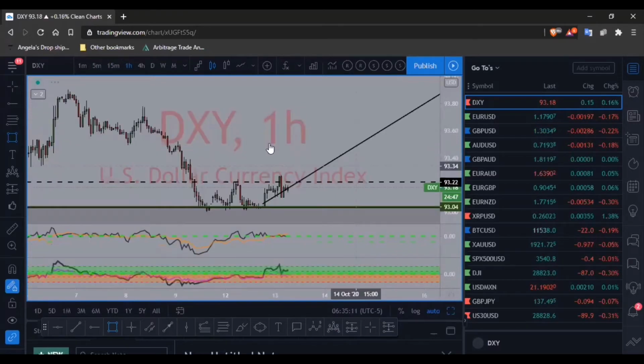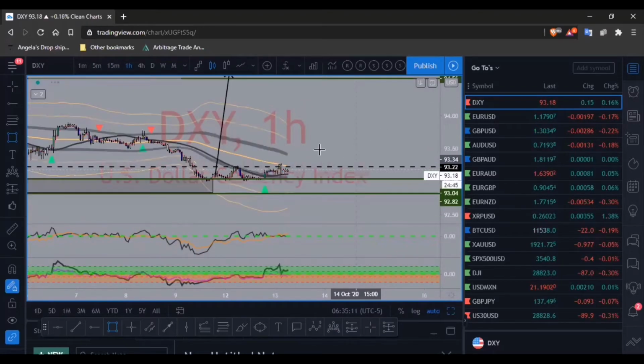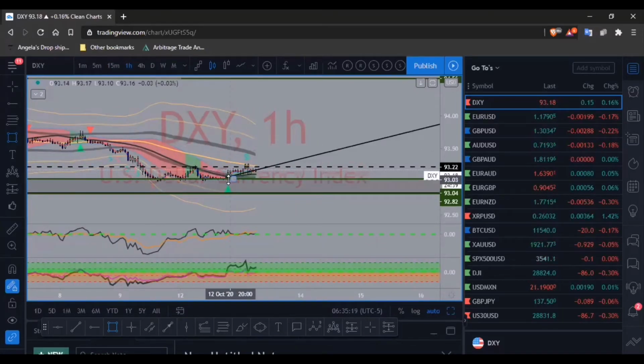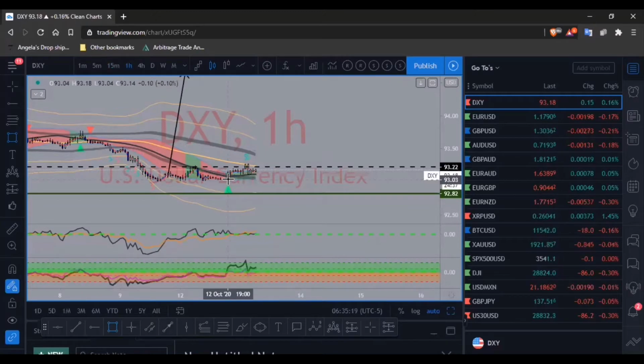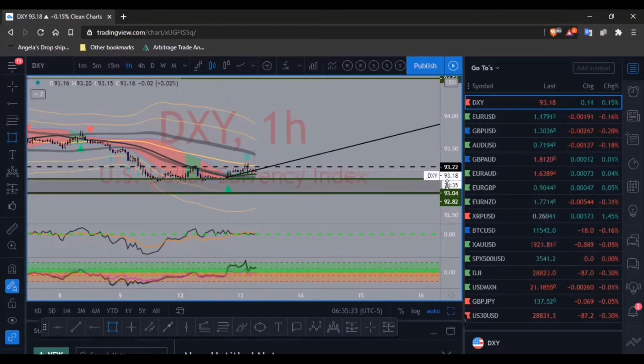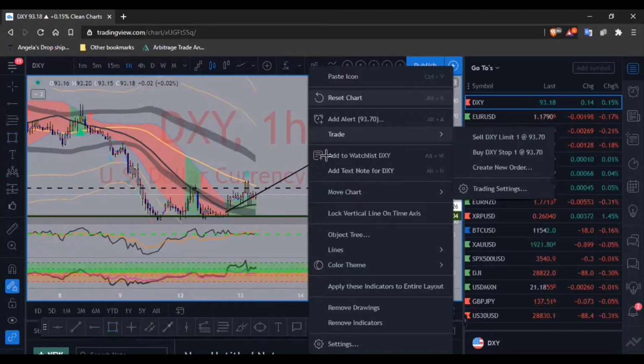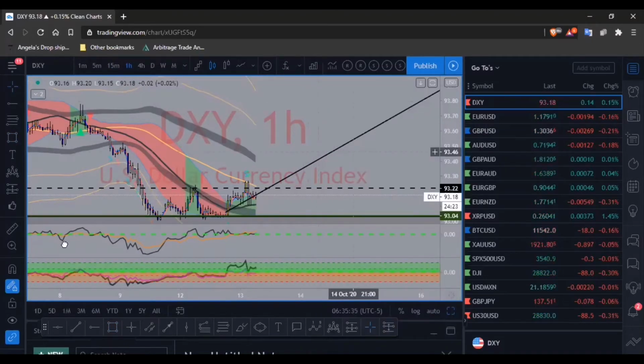All right. The 1 hour time frame definitely called for the buy yesterday at around 7 p.m. my time, Central Standard Time, and it came back down and retested.